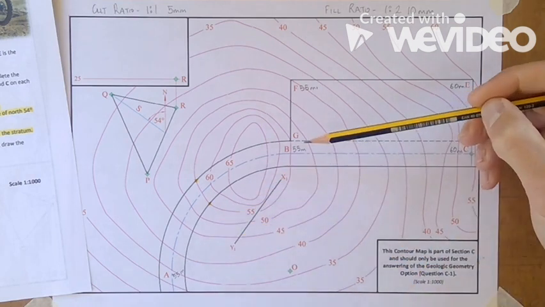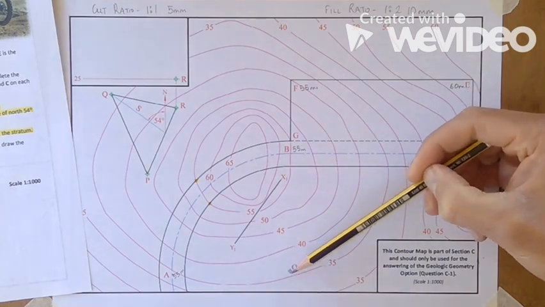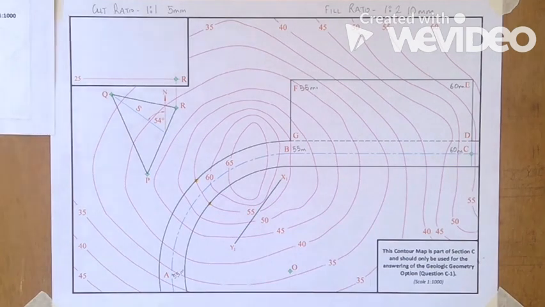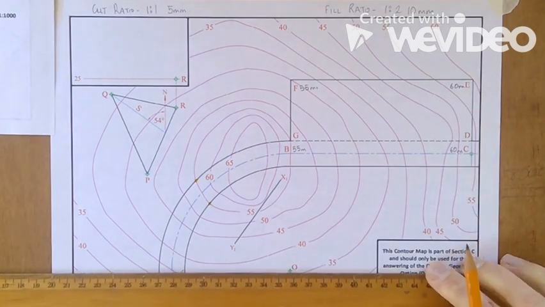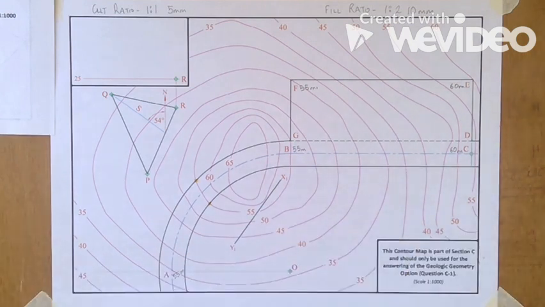From B to C now, that is a curve and the center of that is at point O, so I'm going to have to use that point. The first thing I'm going to do is, out from O, draw a line.